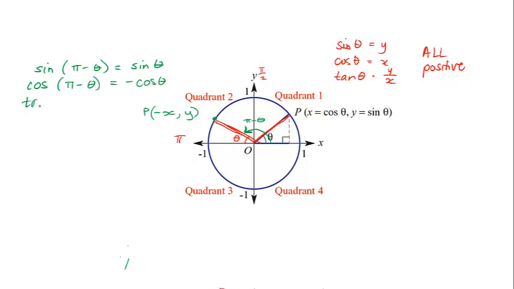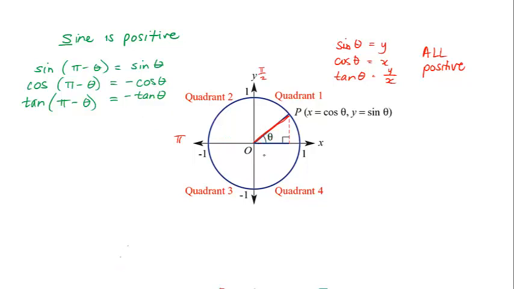And tan of pi minus theta, so tan of an obtuse angle, is going to now be y divided by negative x, which is also going to give us a negative value for tan. So in the second quadrant, when we're talking about angles that are obtuse, between 90 and 180 degrees, only sine is positive. Everything else will give us a negative value. So if you took an obtuse angle like 135 degrees, if you put in your calculator sine of 135 degrees, you'll see that you get a positive number. But if you put in cos of 135 degrees, you see you get a negative number.